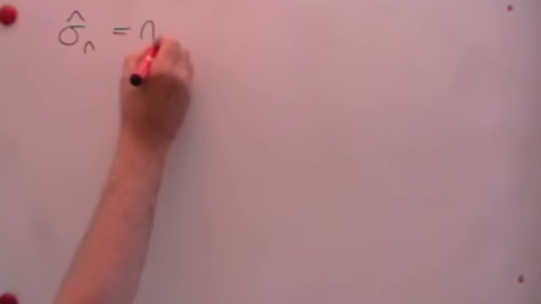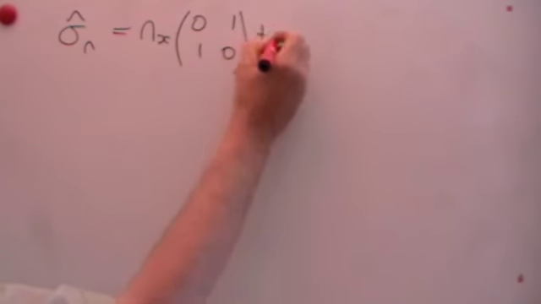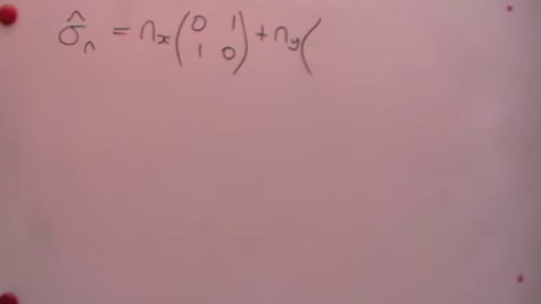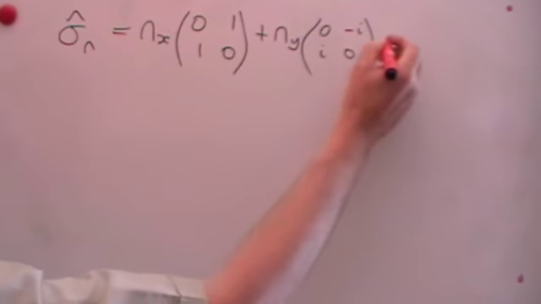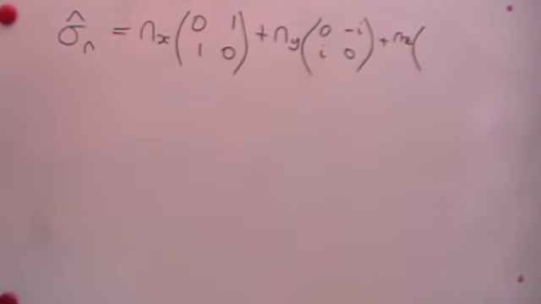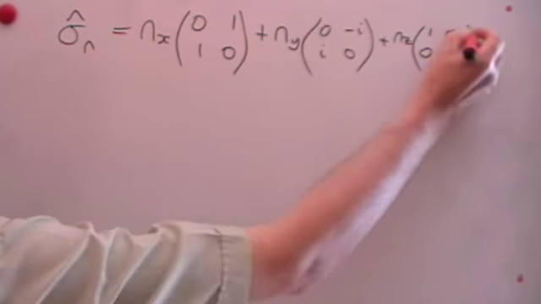So this means that sigma n, the operator for the equipment that is pointing in the n direction, which has coordinates nx, ny and nz, will be the linear superposition, which is nx times sigma x, and sigma x is 0, 1, 1, 0, plus ny times the sigma y, which is 0, minus i, i, 0, plus nz times sigma z, and sigma z is 1, 0, 0, minus 1.